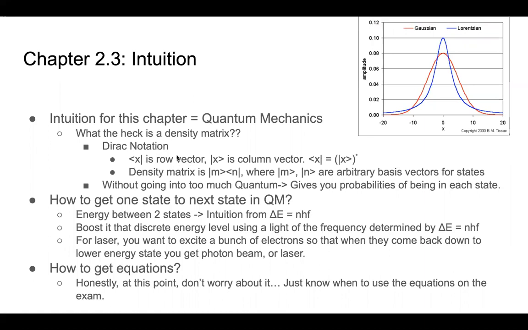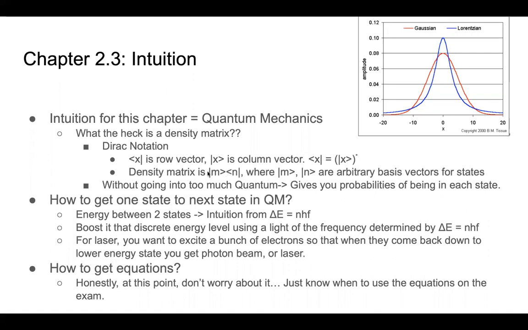If you have a state x, you can represent it as a row vector, with the arrow pointing to the left, and a column vector has the arrow pointing to the right, and the left-pointing one is equal to the right-pointing one if you take the complex conjugate transpose.